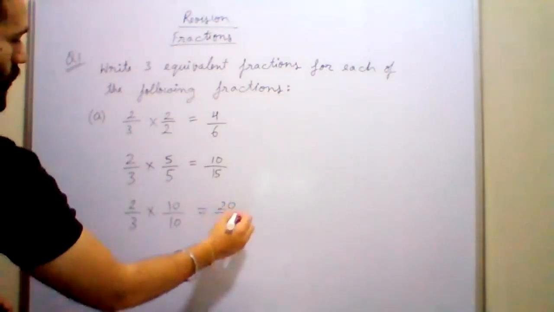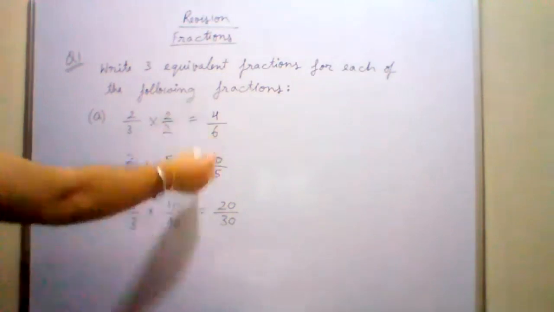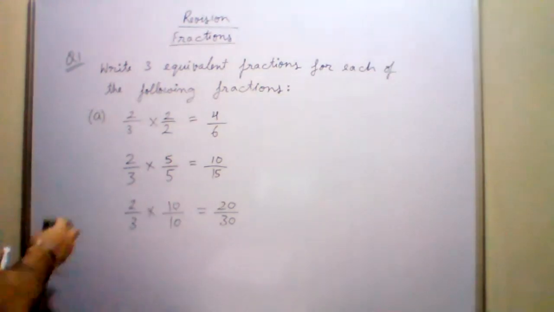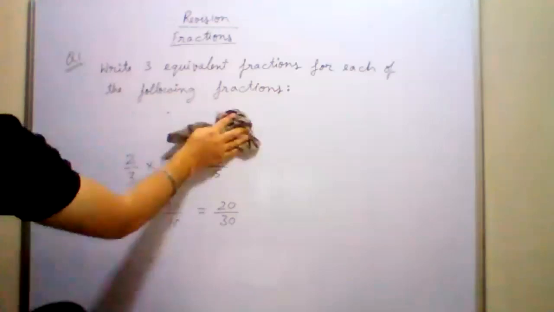So 20 upon 30. So these are three of the answers. You can get different answers also. Okay, so like this, you all must have done all the three parts. Yes, sir. Everyone? Okay, very good. Let's do the second question.